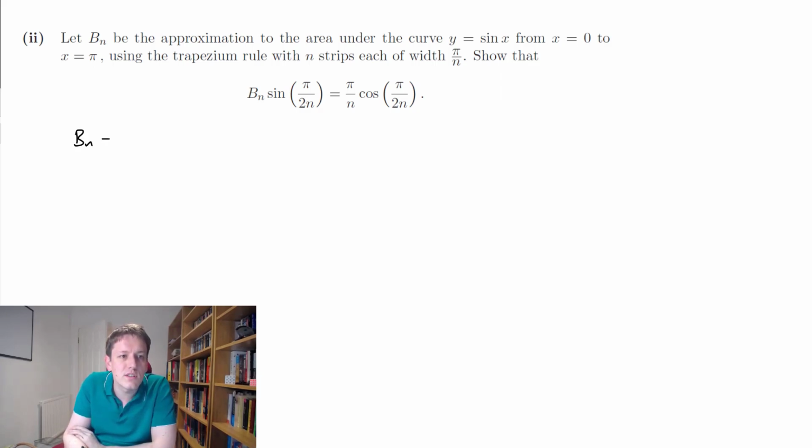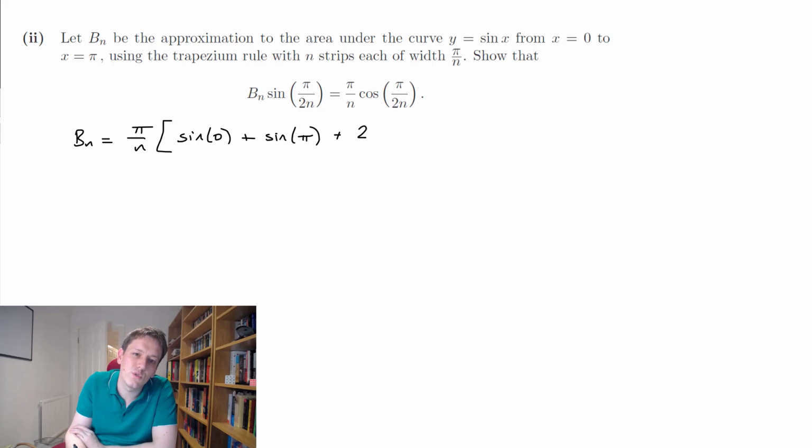So for this approximation b_n, I'm going to jump straight in and say that the trapezium rule says it's the strip width, which is pi divided by n, multiplied by the two endpoints, sine of 0 plus sine of pi, and then 2 times all of the heights of the middle parts. Go back and think carefully about the trapezium rule if this isn't clear, but I'm going to write then the sum from k equals 1 to n minus 1 of sine of k pi by n.